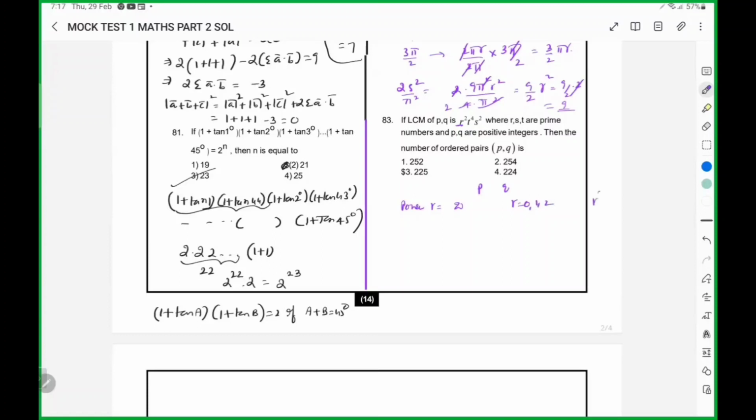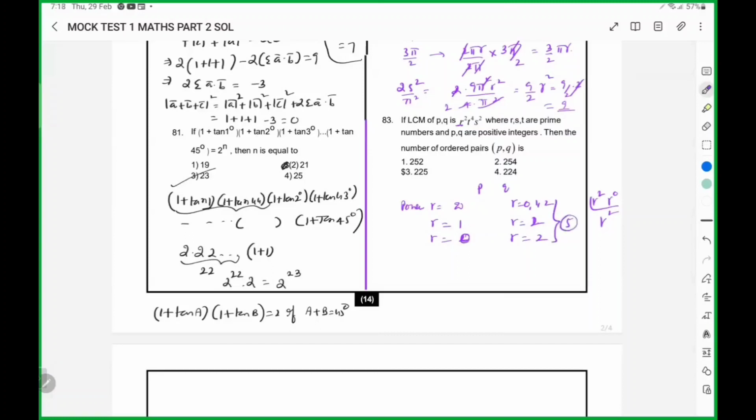If you take R square and R power 0, LCM will be R square. If R is 1, you have to take 2, and if R is 0, then also you take 2 here, LCM will be R squared.